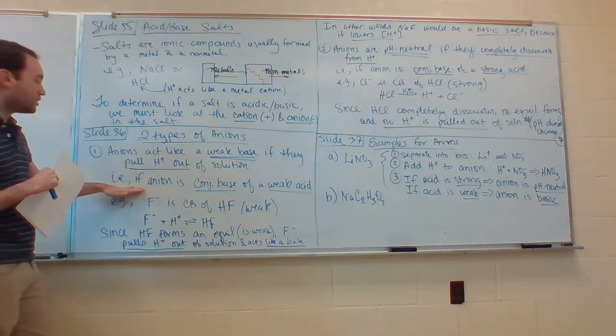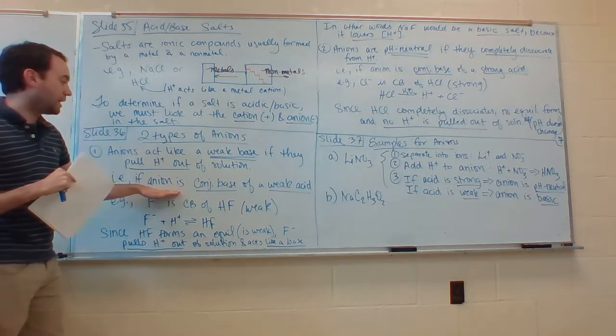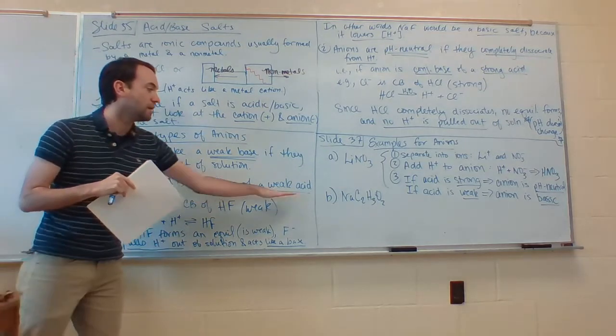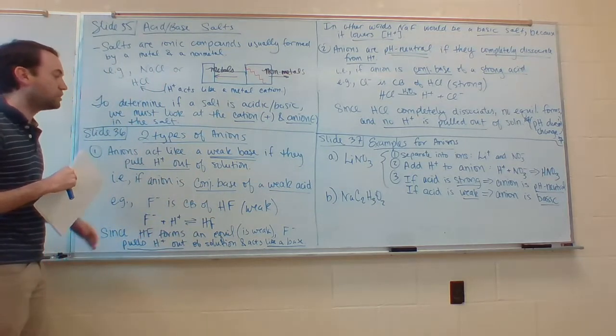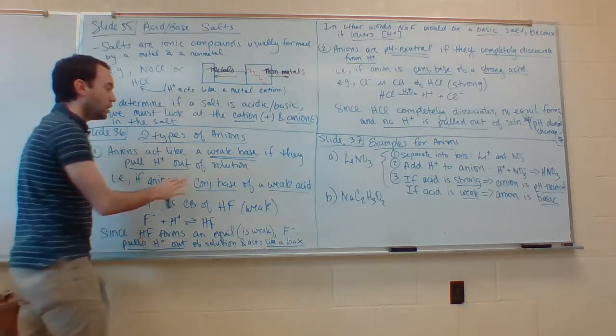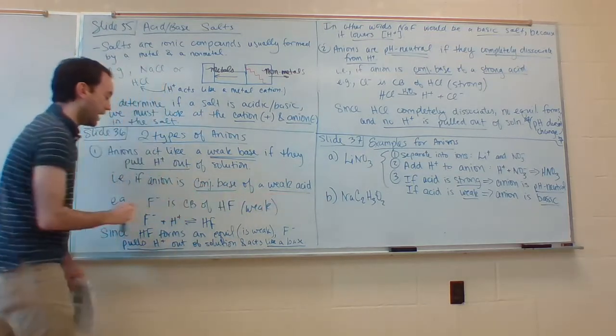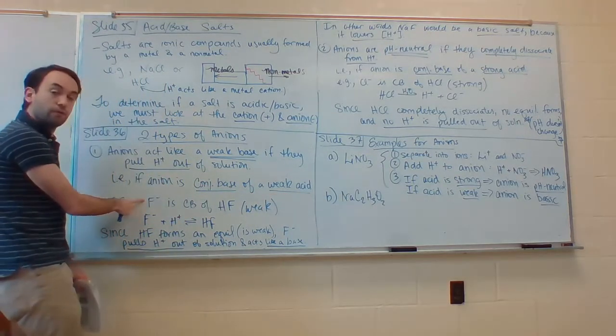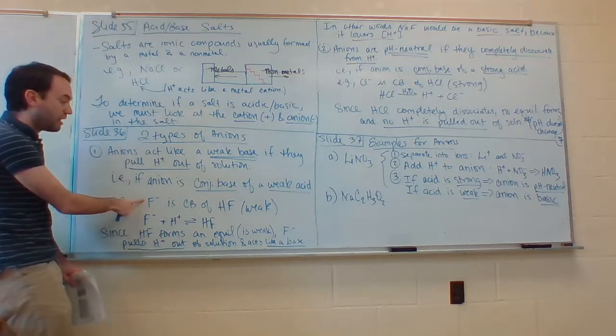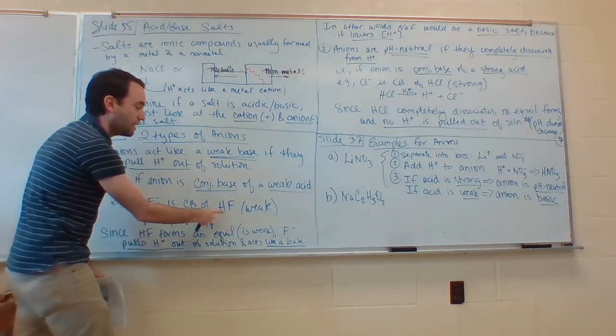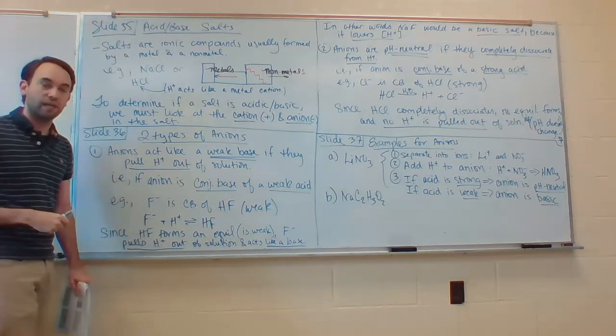Right, now this would be, for example, if an anion is the conjugate base of a weak acid. Okay, so in order for us to be able to pull out our H plus, we're going to have to be our conjugate base of a weak acid. So for example, fluoride minus is an anion that is a conjugate base of hydrofluoric acid, which is a weak acid.